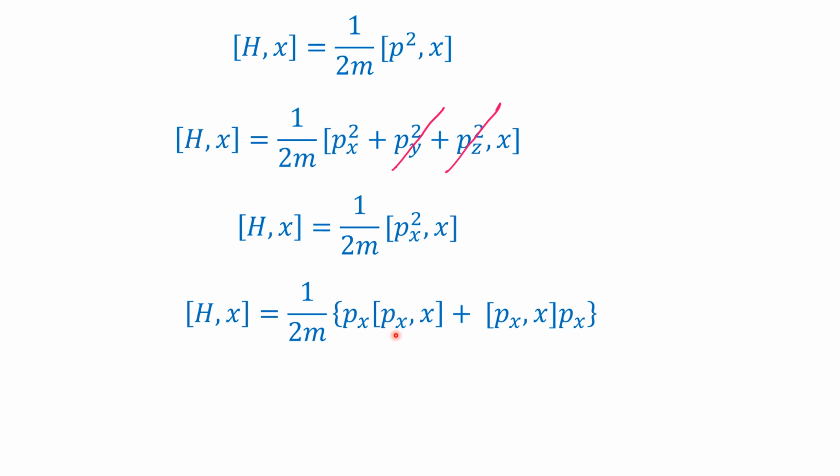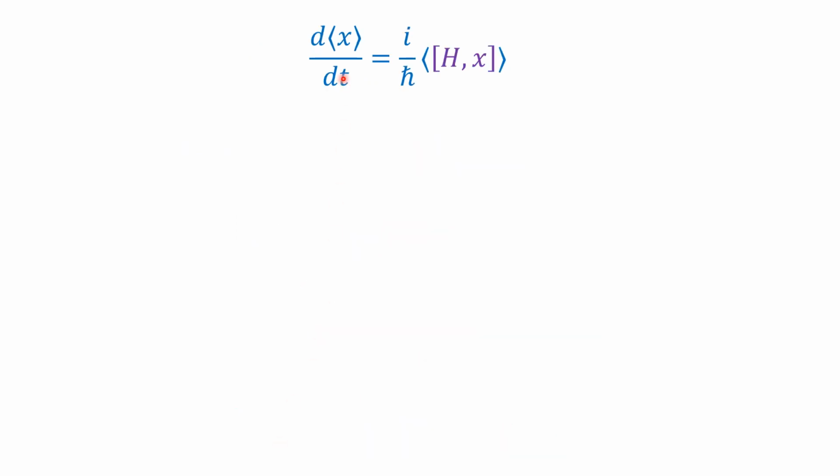Now the commutation of px with x is equal to minus i h cross. So this will become i h cross px plus i h cross px, which is equal to 2 times i h cross px, divided by 2m. Here the 2 will get cancelled. You will get minus i h cross over m px.